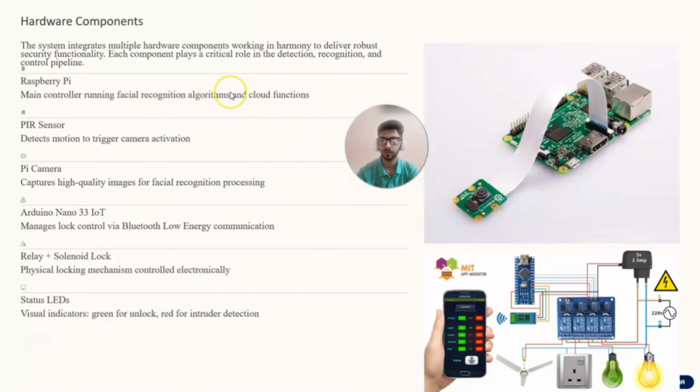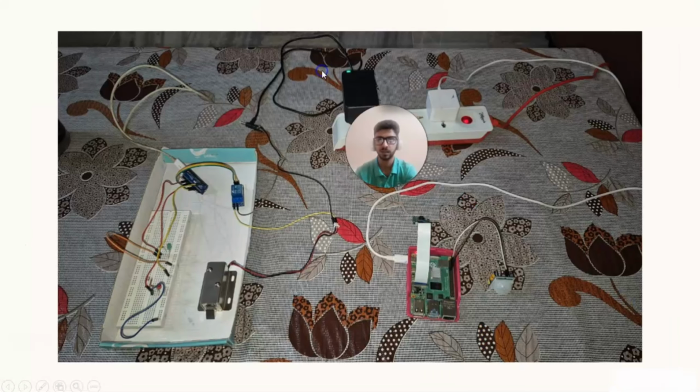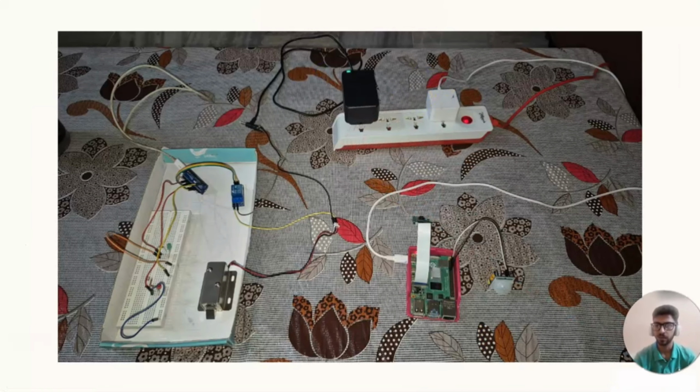The overall hardware setup of my project is something like this, where here is the Raspberry Pi board, which is connected with this camera module and the PIR motion sensor. Secondly, here is the Arduino Nano 33 IoT, and this is the breadboard in which the red and green LEDs have been placed as actuators.